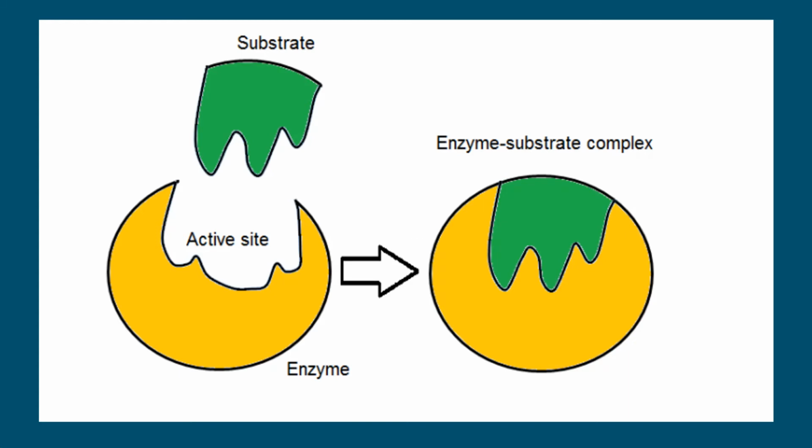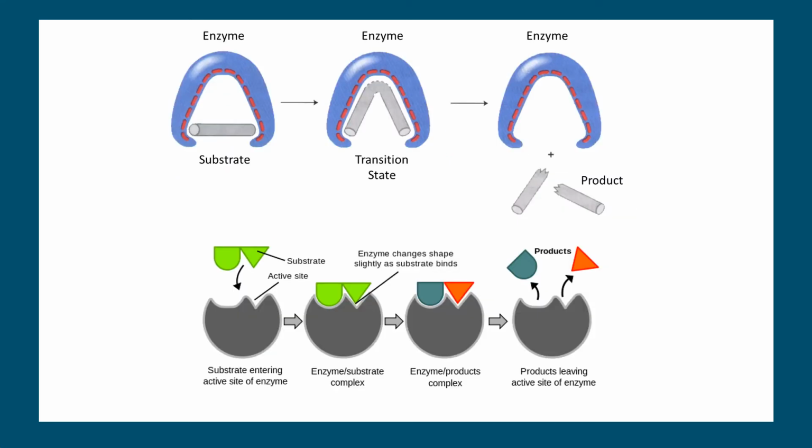Then came the induced fit model, where the enzyme is considered to be more flexible and not pre-shaped, so there is a conformational change in the enzyme. When a suitable substrate comes in contact with it, the enzyme changes its shape to form the products. Then we discussed the substrate strain model, where in addition to the induced fit model, the substrate is also strained such that the rate of the reaction is enhanced, and the temperature at which the reaction needs to occur is lowered, as low as 40 degrees Celsius.